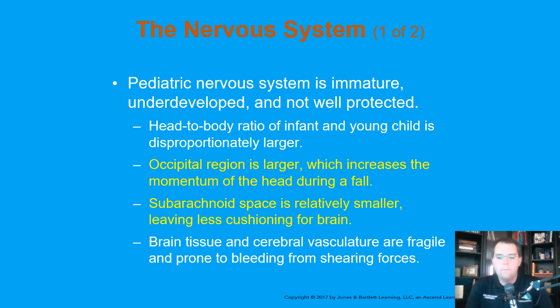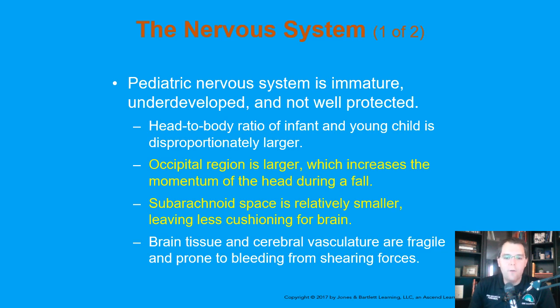All right, so we talked about the size of the occiput in terms of airway management and how that can create an obstruction, but this also leads to children falling and leading with their head. So you will see more head injuries in smaller children when they fall because their head hits the ground first before the rest of them does.